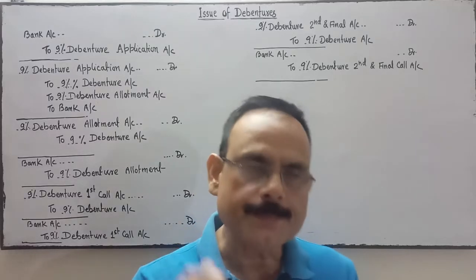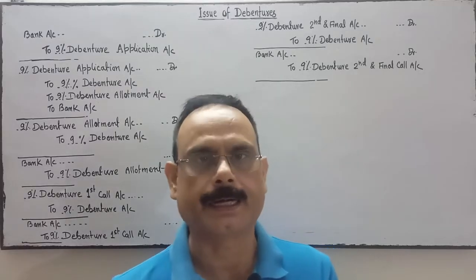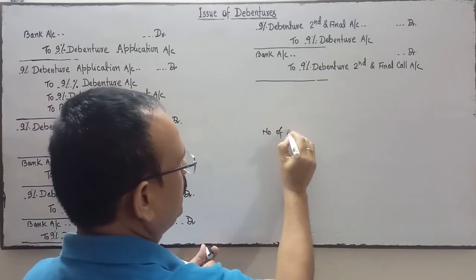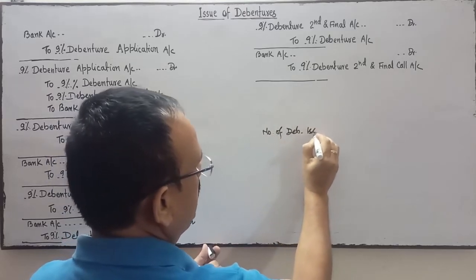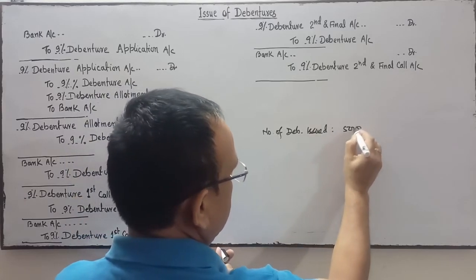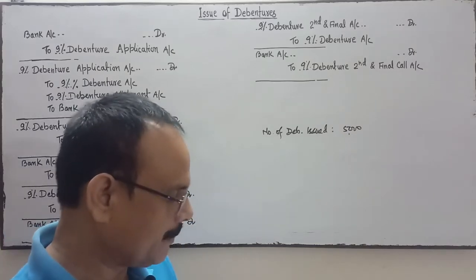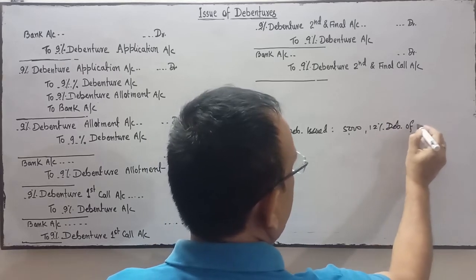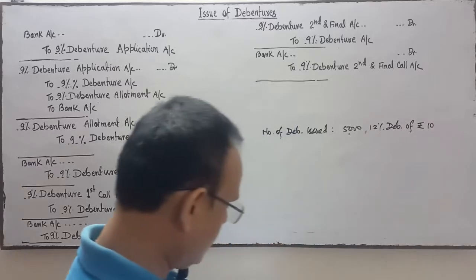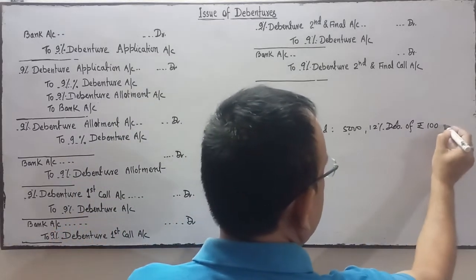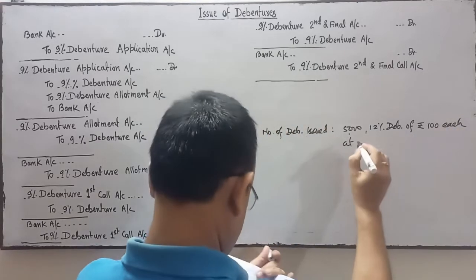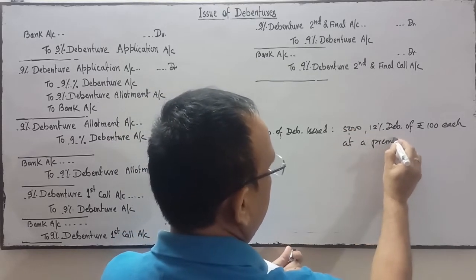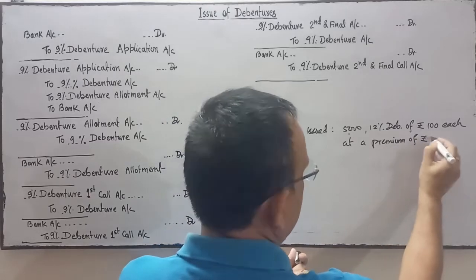The question is: X Limited issued 5,000 12% debentures of rupees 100 each at a premium of rupees 5.